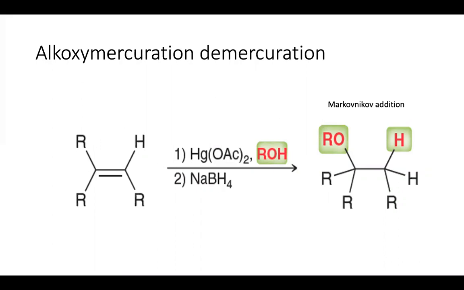Remember in alkenes, we also use this to form alcohols. But what's different here is that now we want to form this ether. Instead of using water, we use ROH here. So we get an ROR group, and this undergoes Markovnikov addition, which means the OR group is added to the more substituted carbon.